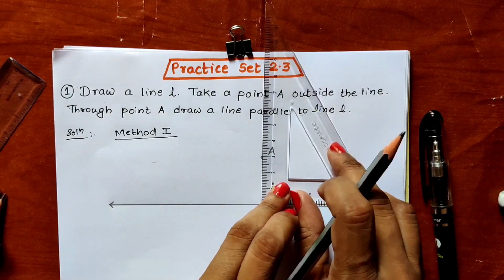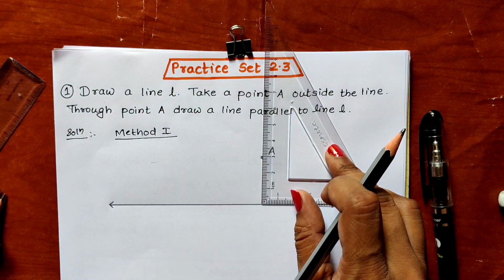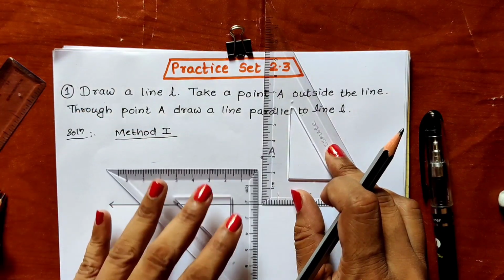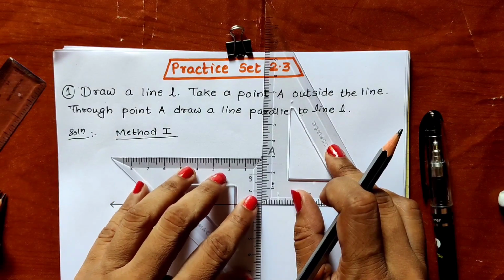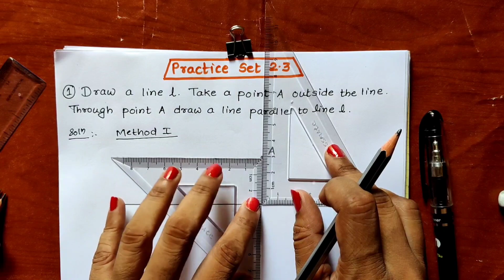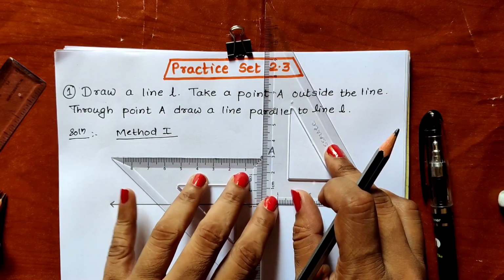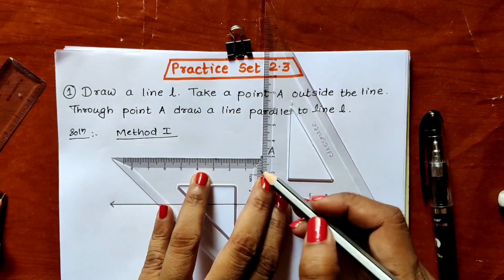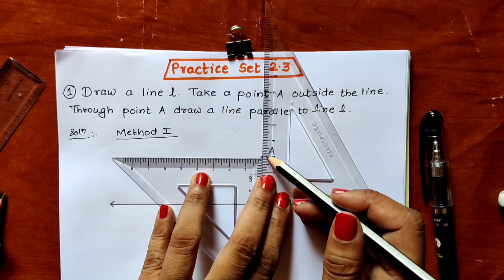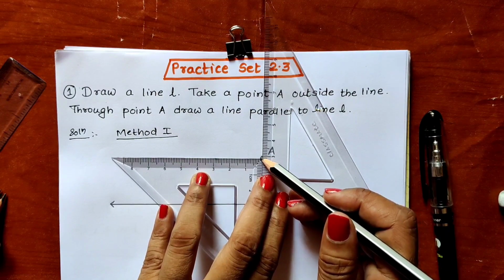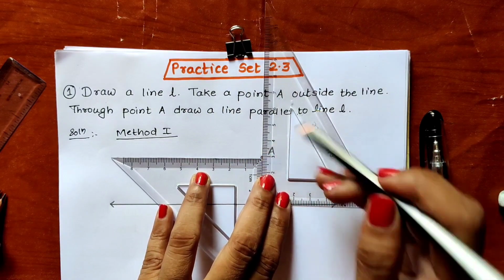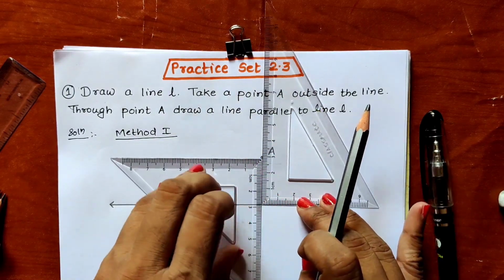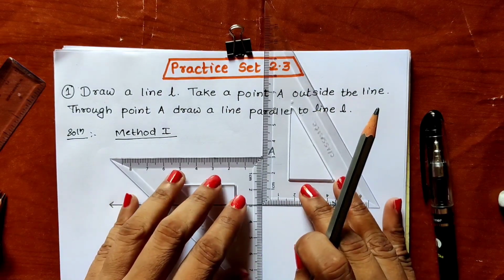Now we will be placing the second set square in such a way that this one side should match with this height and the other side should go through point A, so that we can draw a line passing through point A using this second set square. So we have to place the two set squares in this way.